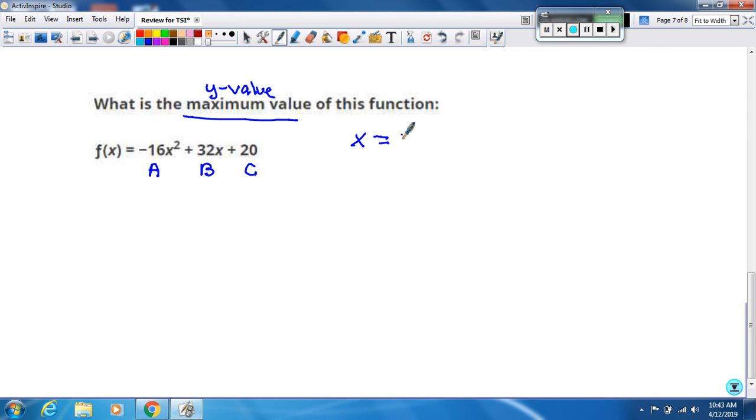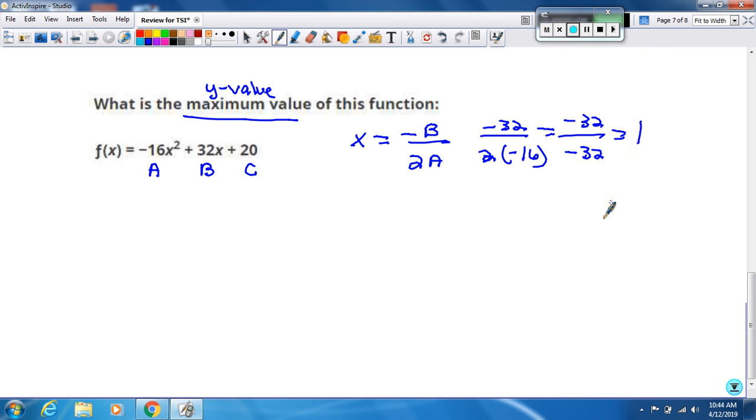So x has a formula. It's the opposite of b over 2a. So the opposite of positive 32 is negative 32 over 2 times a is negative 16. Okay, so that's negative 32 divided by negative 32, which is a positive 1.